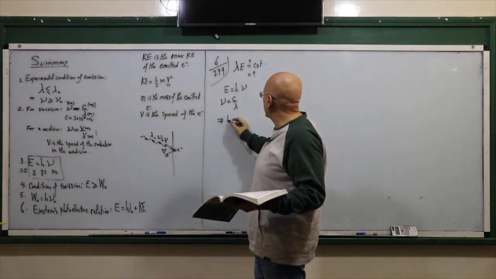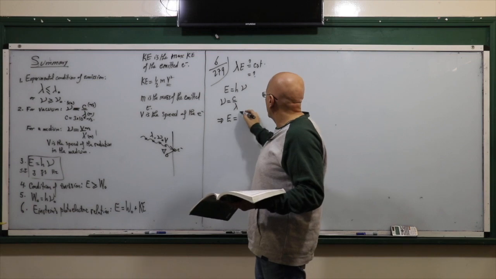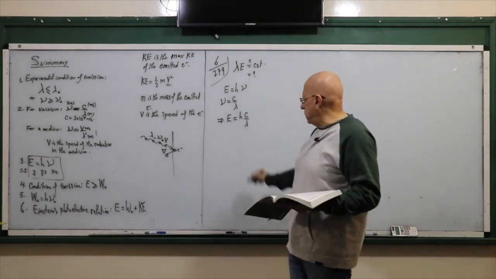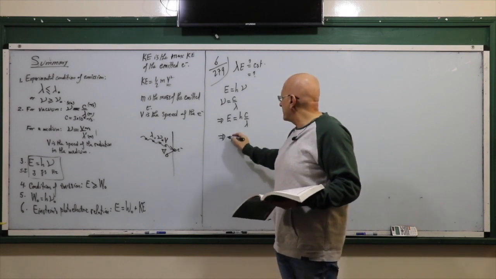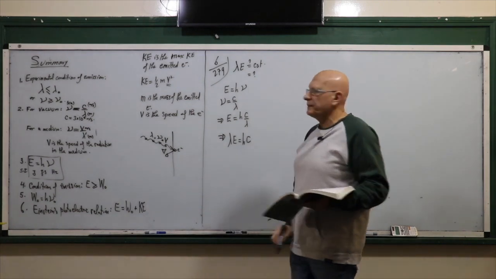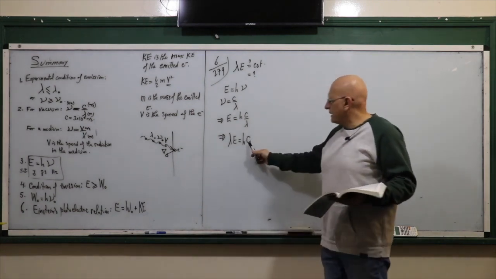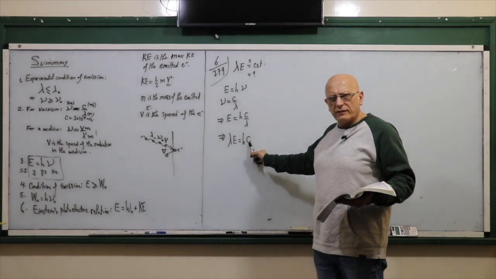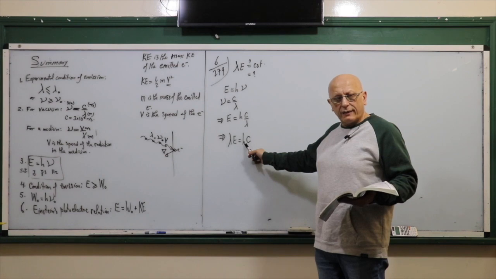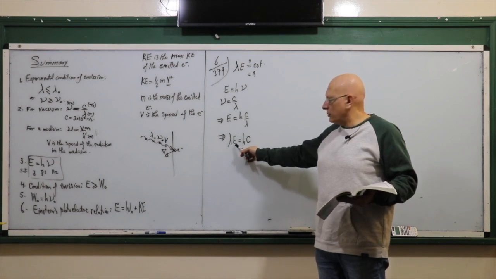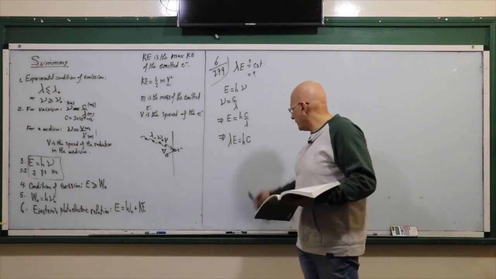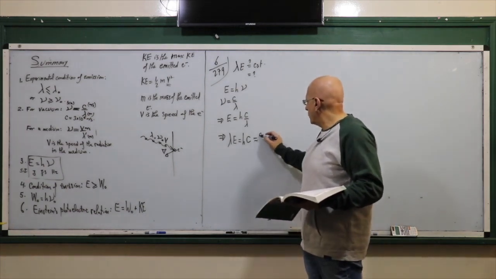This implies energy equals hc over lambda. This implies lambda E is equal to h times c. As you see, c is the speed of light in vacuum, which is constant, and h is Planck's constant, which is constant, so you get lambda E equal to a constant.